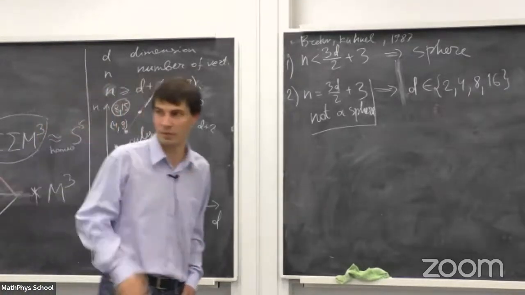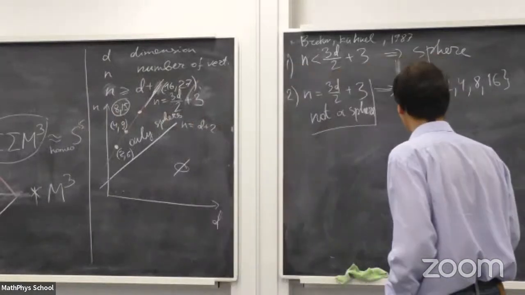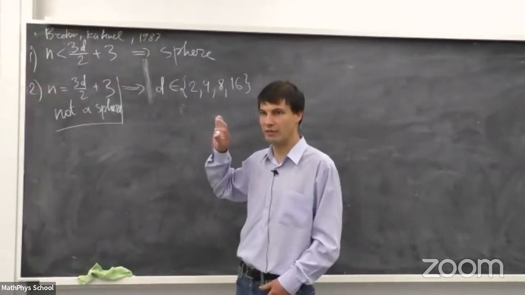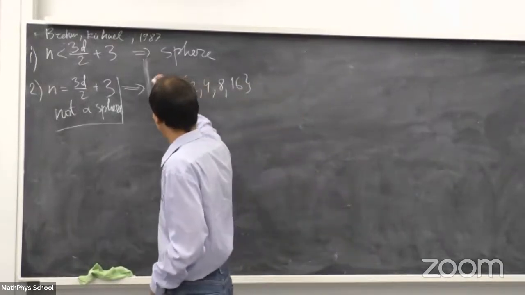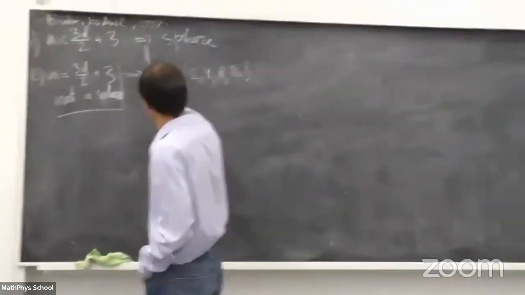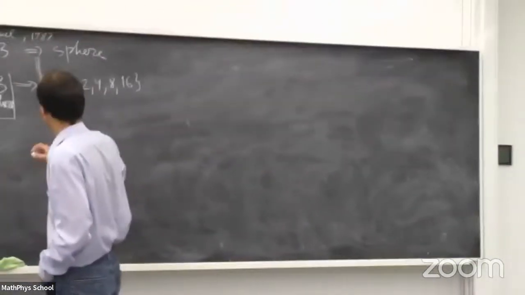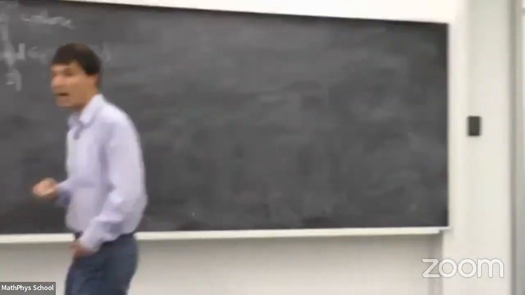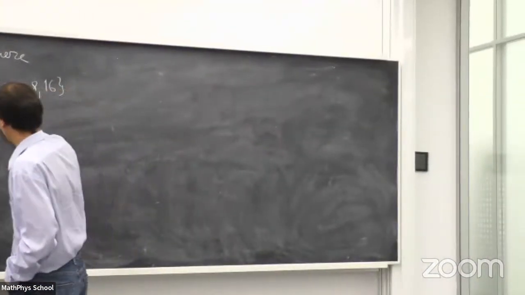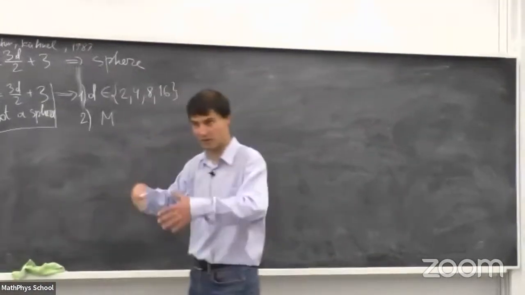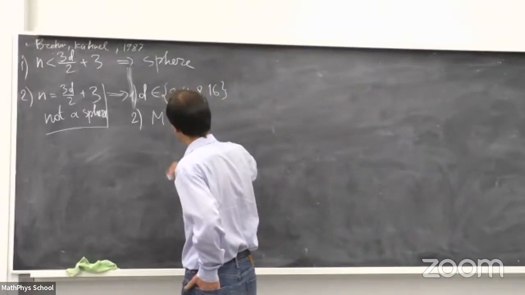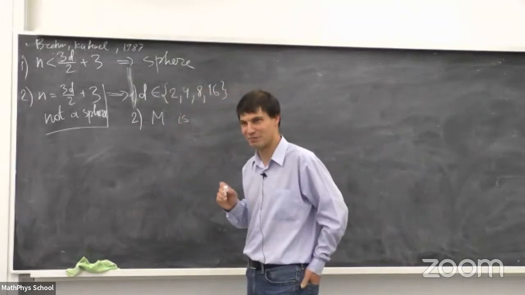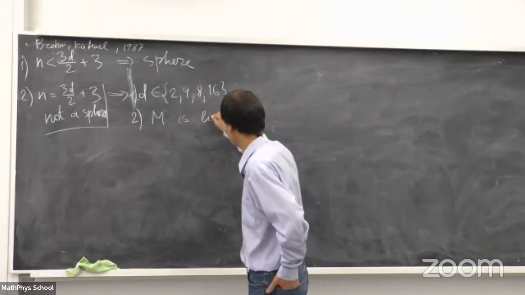So only 4 possibilities. And moreover, in this situation, the topology of the manifold is very much restricted. First, there is the dimension. Second, let M be that manifold which is triangulated, it is called a manifold like a projective plane.